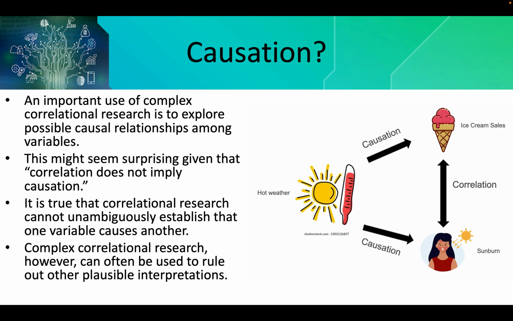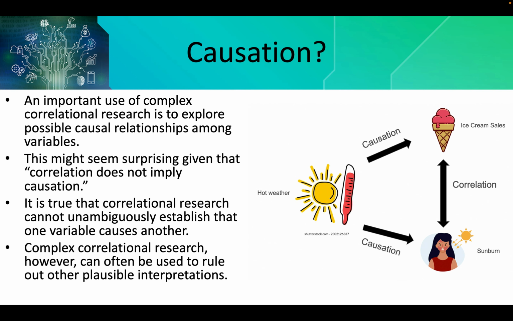An important use of complex correlational research is to explore possible causal relationships among variables. This might seem surprising, given that correlation does not imply causation. It is true that correlational research cannot unambiguously establish that one variable causes another.